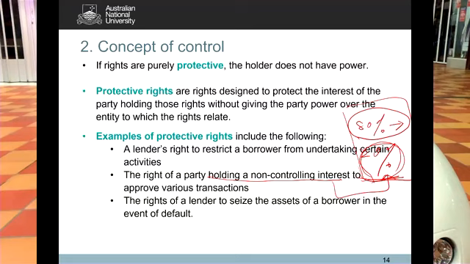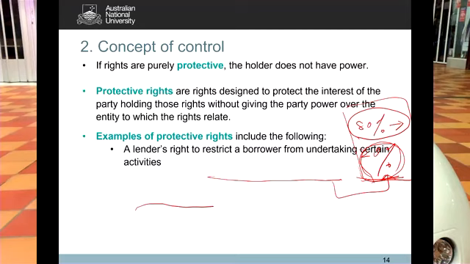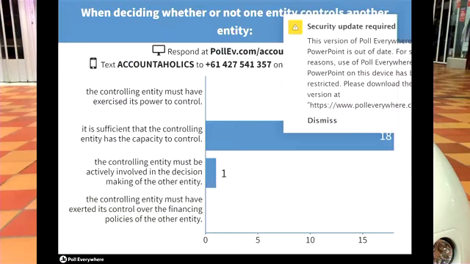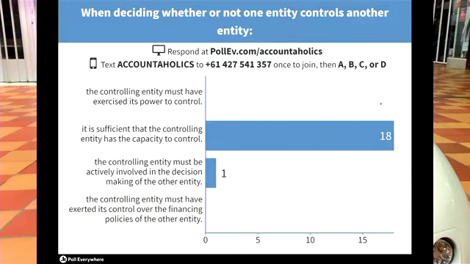But that right of the lender would be just protective rights. That's not substantive. They don't direct your business for the relevant activities. So now you understand what is substantive, and that's different from the protective rights.